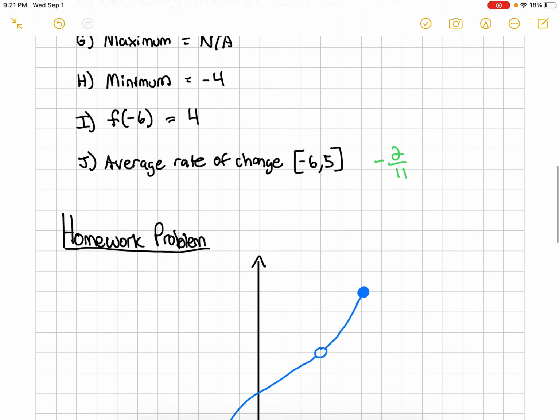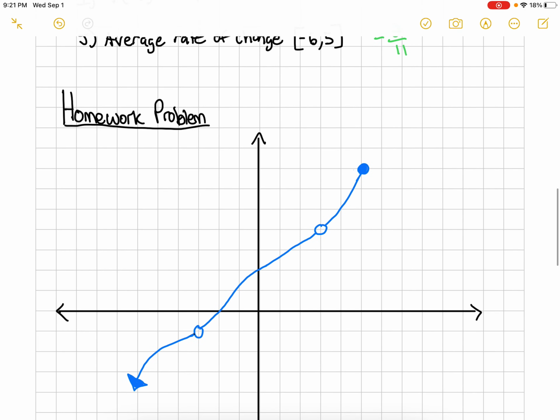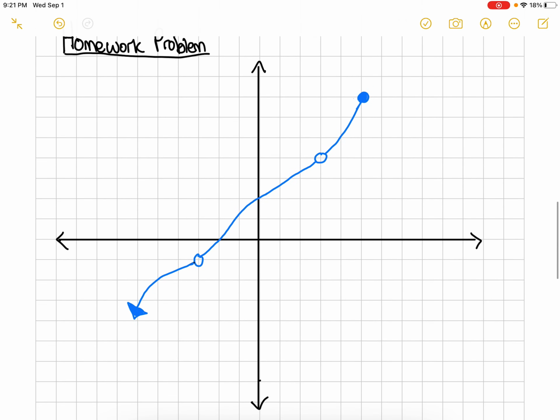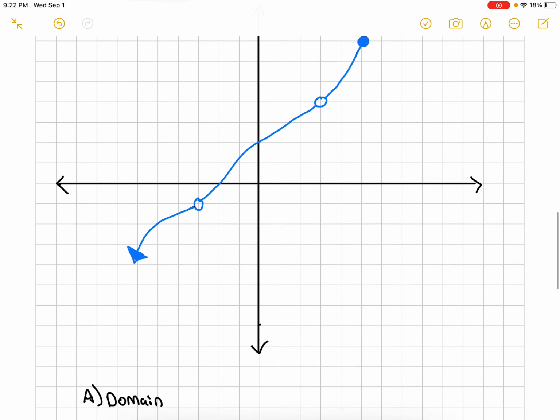Okay, here's your graph for your homework problem I want you to do. Make sure you get exactly where the holes are. Make sure you get exactly where it crosses that y-axis and exactly where it crosses the x-axis. And I want you to answer these 10 questions.